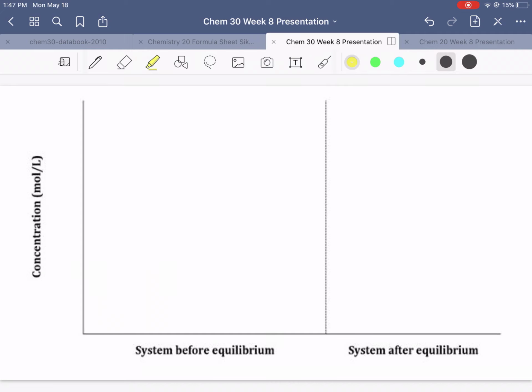Okay, so starting with a concentration, and then it's going to go down by a factor of 2 until it is at a nice, consistent, straight line again at equilibrium. Why is it straight? Because once it hits equilibrium, it is at a constant concentration. That is for my nitrogen monoxide gas, down by a factor of 2.